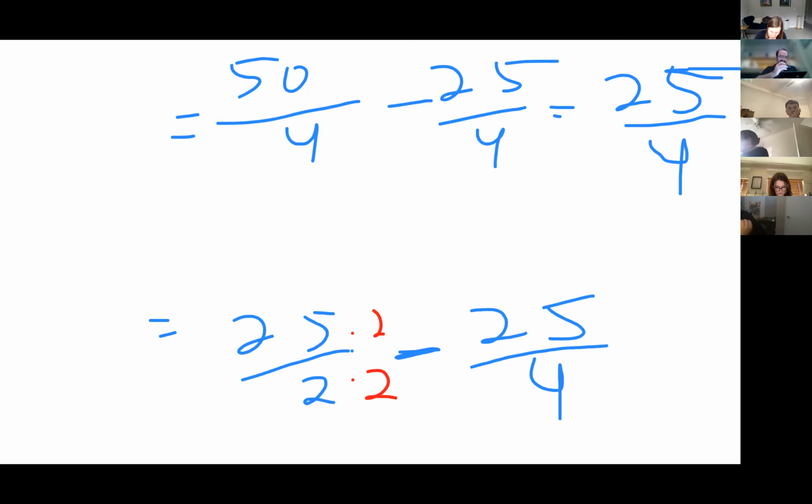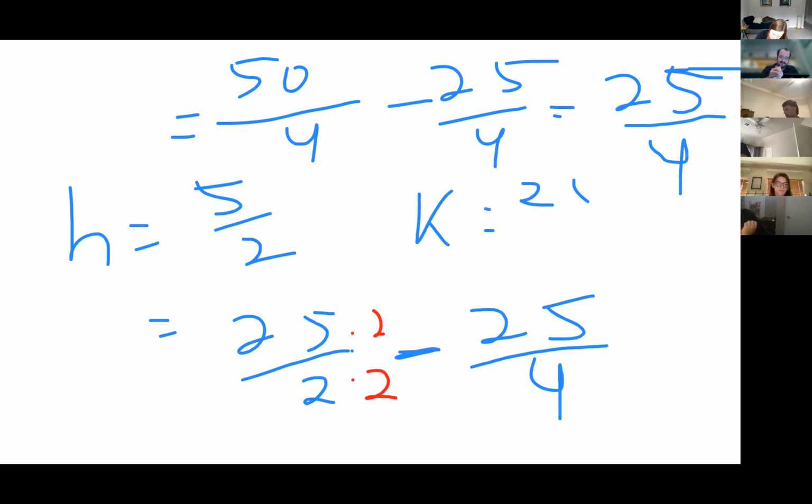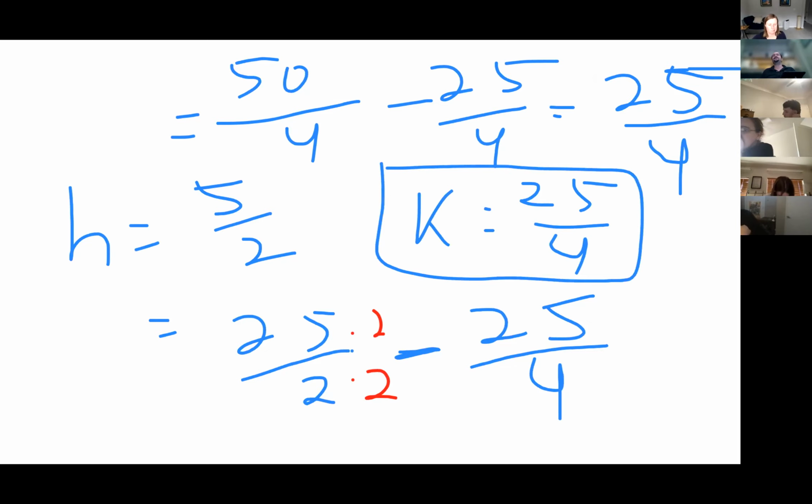H was 5/2, right? Is what we figured out. And k is the 25 over 4. And so if they're asking for the maximum value here, what is my maximum y value? It is that k value. You better give me that value, right?